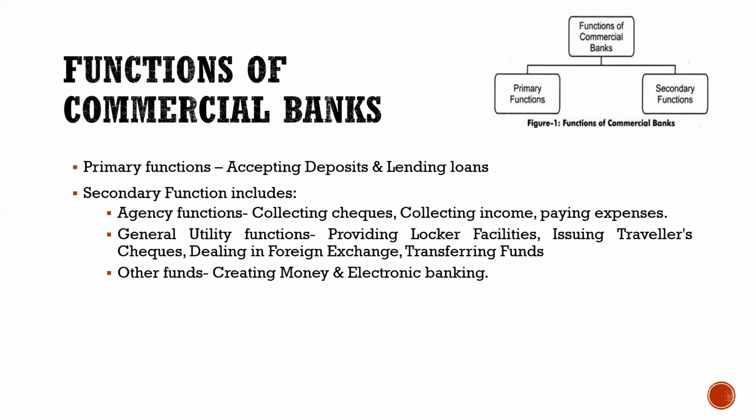Next, secondary functions include agency functions such as collecting checks, collecting income, paying expenses, etc. General utility functions such as providing locker facilities, issuing traveler's checks, dealing in foreign exchange, transferring funds, etc. Other functions include creating money and electronic banking, etc.